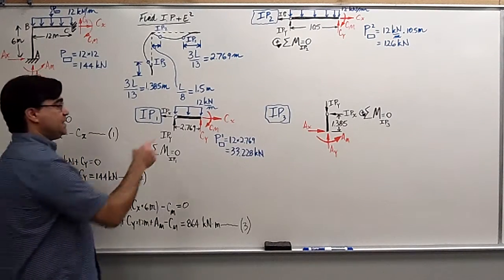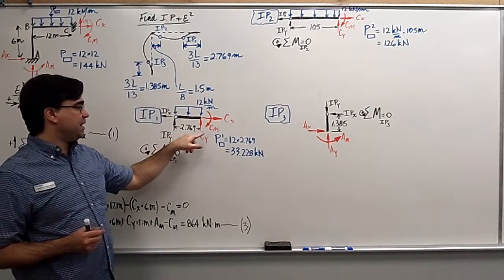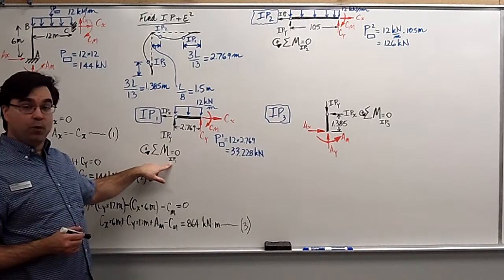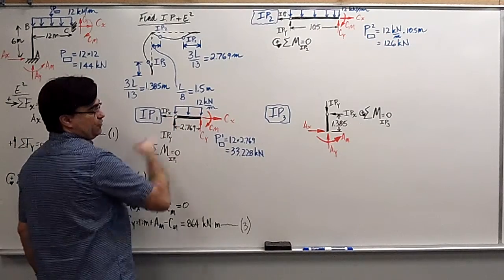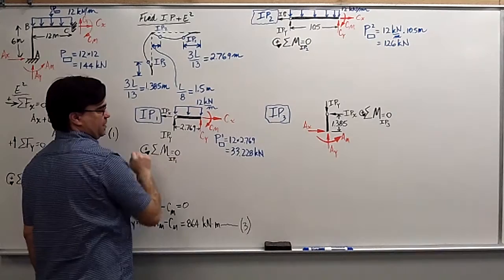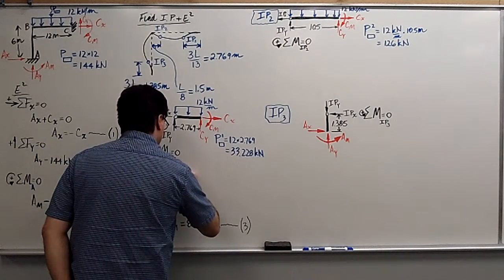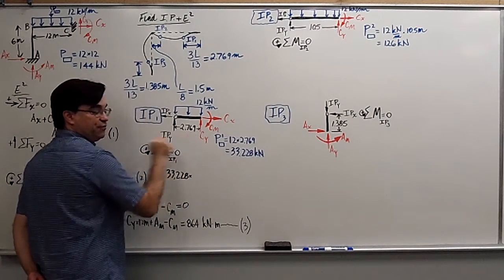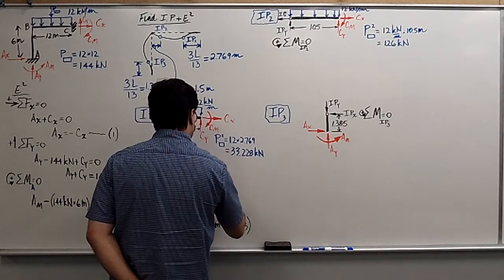Now, I do the moments at the inflection points, okay? It's the easiest way to ensure that I get these appearing in there. So the sum of the moments at inflection point 1 equals 0, which gives us, going left to right, first the moment caused by the equivalent point load: 33.228 times a distance of half of that, 2.769 divided by 2.